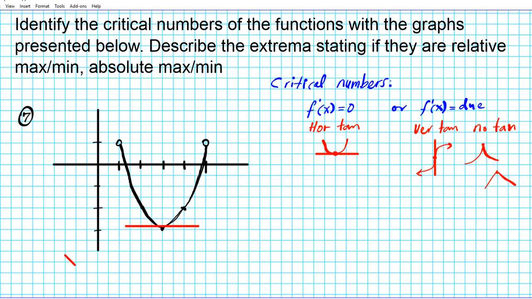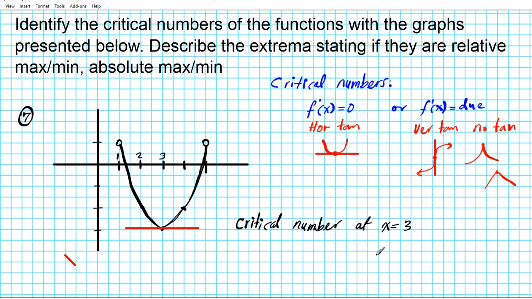So the question is, what is the x value where you have this horizontal tangent line? This is 1, 2, 3. So this value right here, at x equals 3, is a critical number. In this particular problem, our critical number is x equals 3.